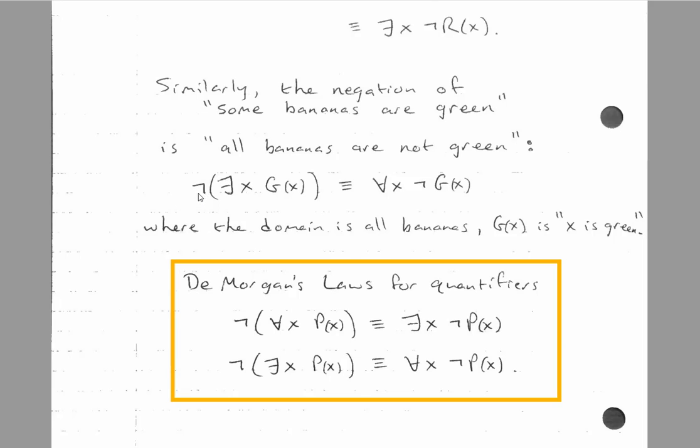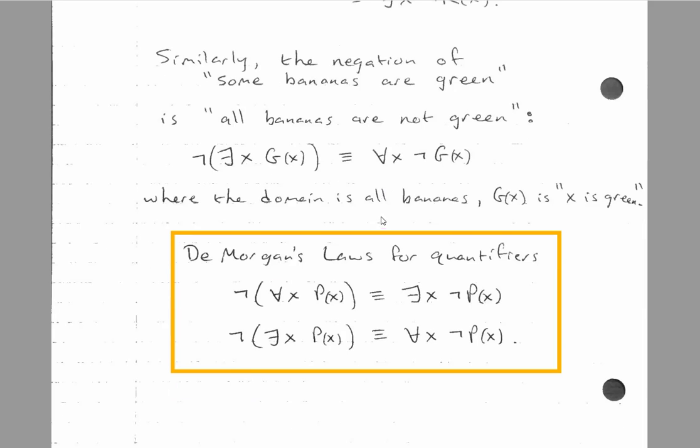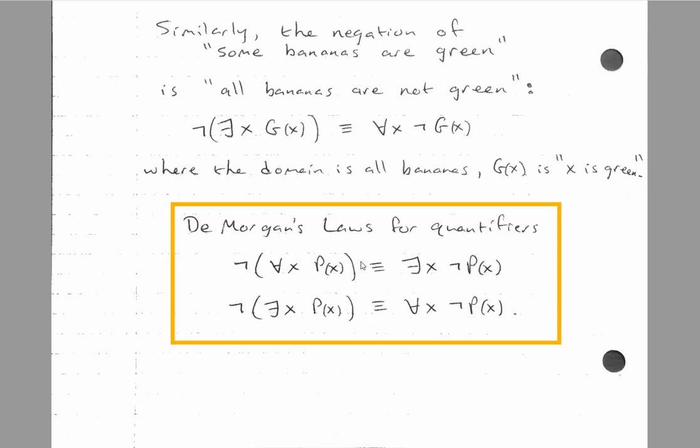Okay, so here the negation is to the left of the quantifier, but to simplify it, we want the negation on the right side of the quantifier. Alright, so we get these, so they have the same name, De Morgan's laws for quantifiers.